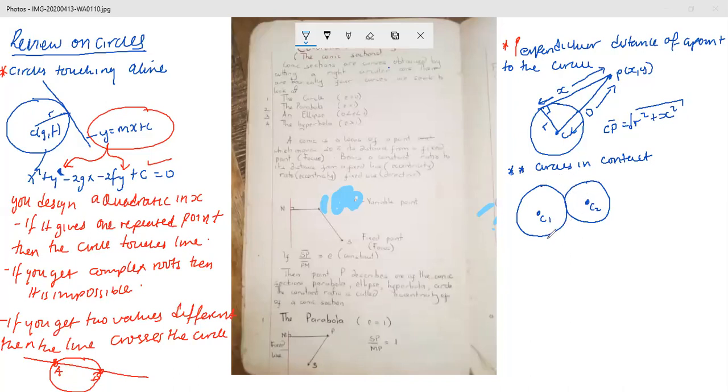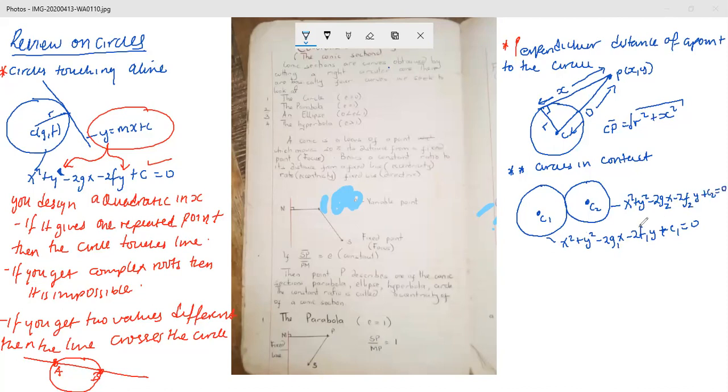Then you solve the two circles simultaneously by having x² + y² - 2g₁x - 2f₁y + c₁ = 0. Then the second one can have x² + y² - 2g₂x - 2f₂y + c₂ = 0.